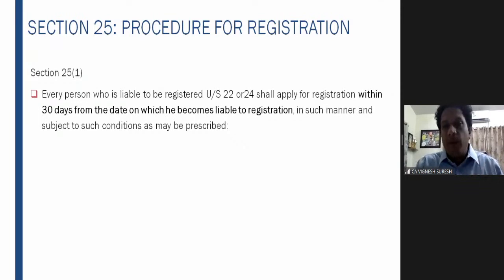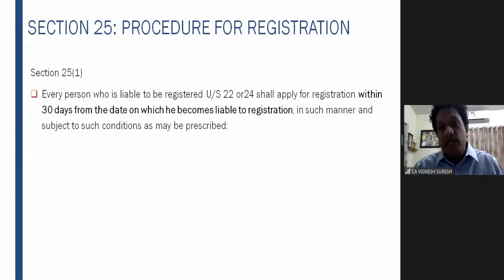So therefore, every person who is liable to be registered under section 22 or 24, he shall apply for the registration within 30 days from the date on which he becomes liable to registration. So this is very, very important. What do you mean by the term, the date on which he becomes liable to registration?